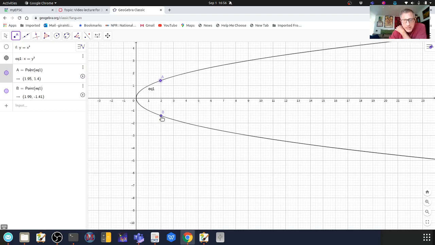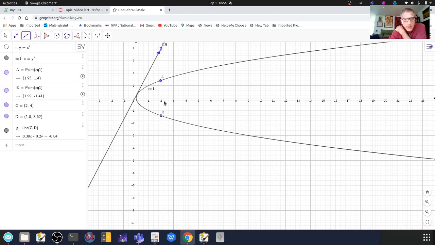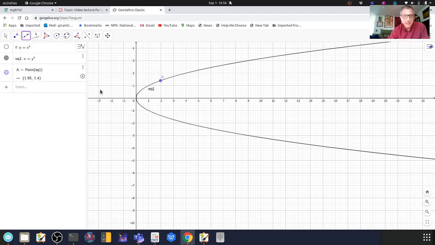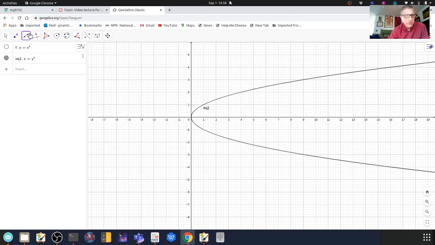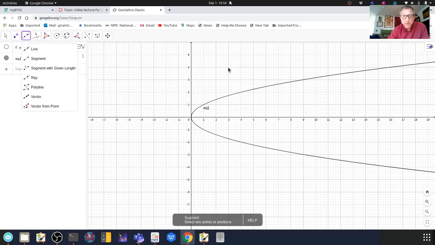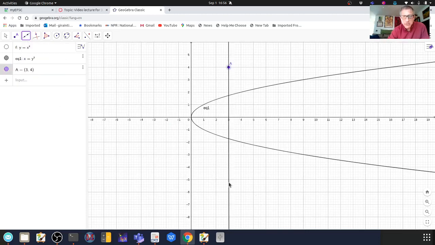But right here and right here, if we just follow the line, as a matter of fact, let's just draw the line. I'm messing up all the time. Let's draw a line that goes straight down. And we'll notice this line intersects the graph of x is equal to y squared in 2 different places.